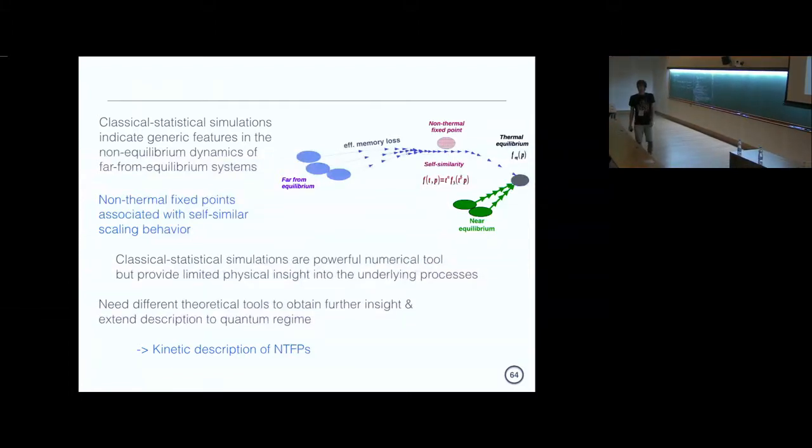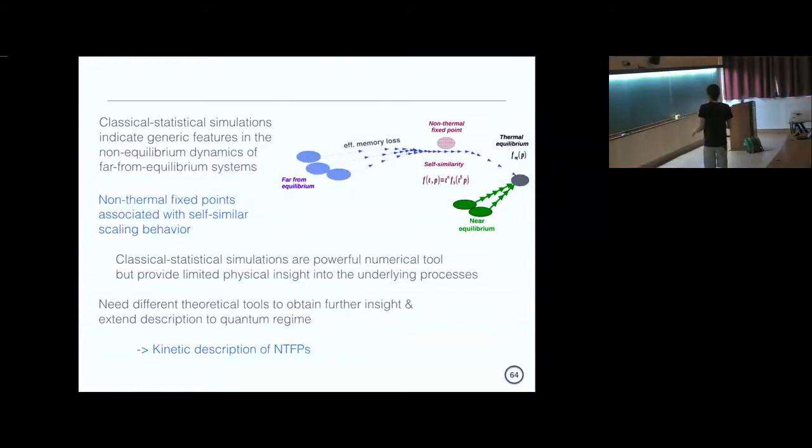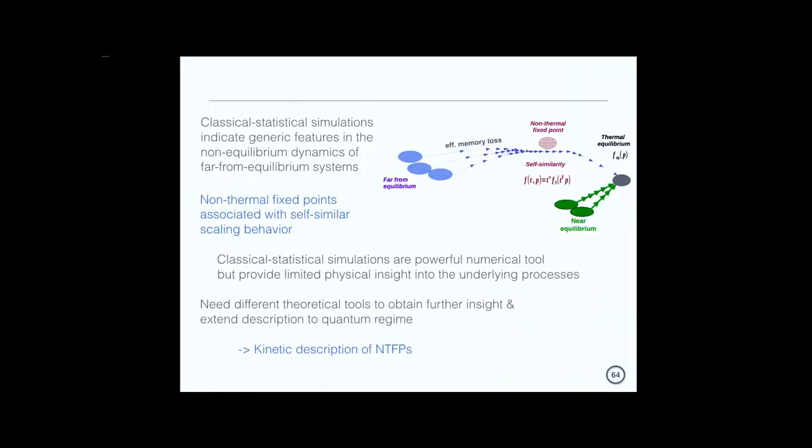And then in running these simulations and looking at how a system that is put in a far from equilibrium state evolves towards its equilibrium state, we unraveled this very interesting pattern: the system doesn't just relax to equilibrium right away, but instead takes this other route, where very quickly it forgets about the details of its initial state, and instead reaches a state where it exhibits self-similar scaling properties for an extended amount of time, and that is what we call these non-thermal fixed points.